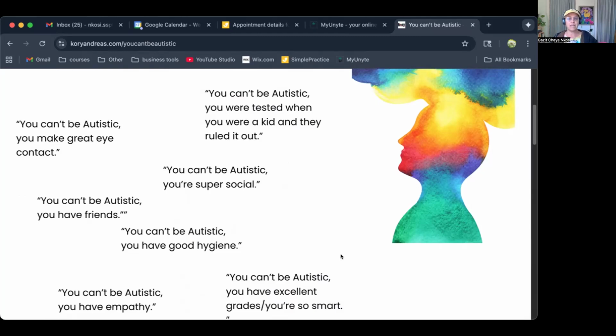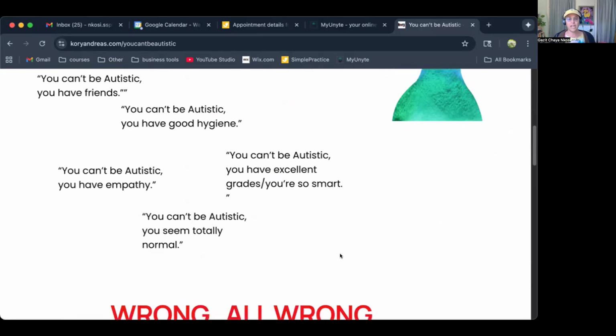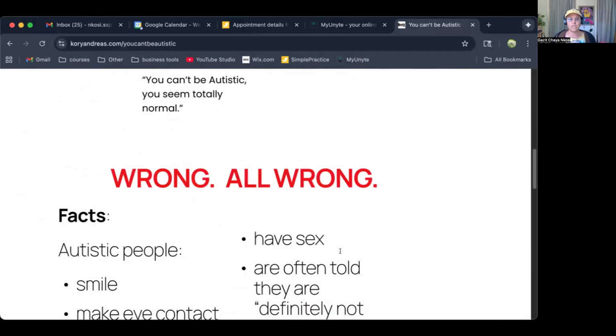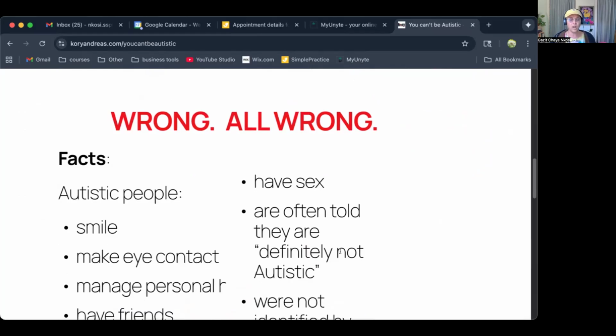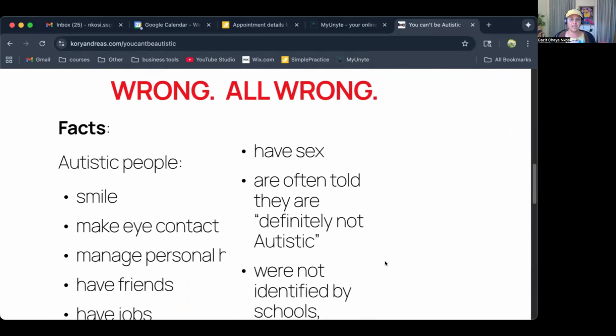And when somebody is high masking, people are going to be like, oh, you have friends, you're social, you make eye contact, you got good grades, you have empathy. None of those things mean you don't have autism. I love this. Facts.